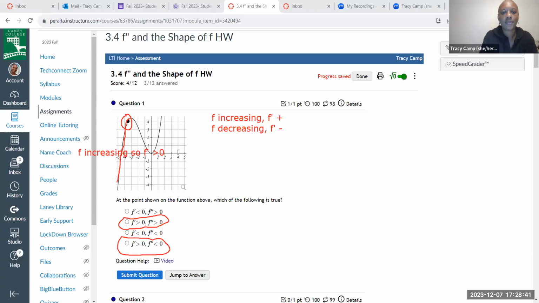And that has to do with concavity. So when f is concave up, its second derivative is positive. And when f is concave down, its second derivative is negative.